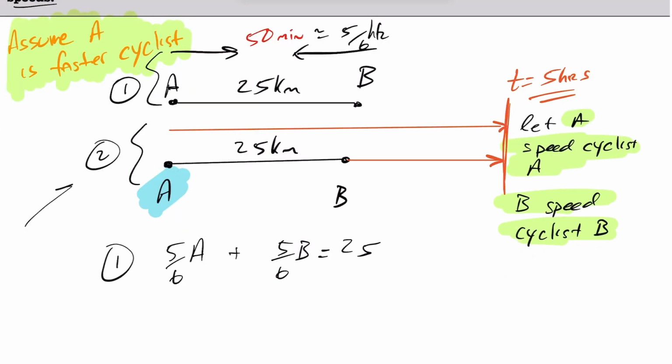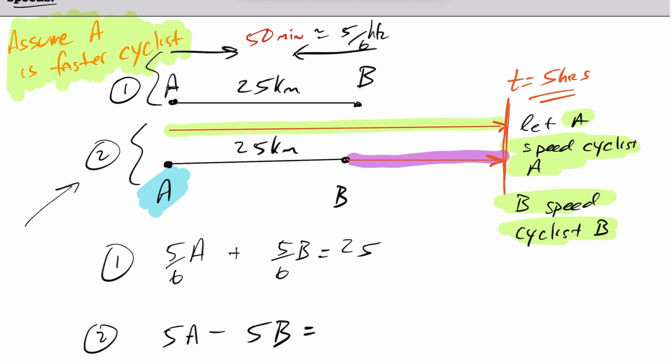Now take a look at situation number 2. I need to make an equation out of this. Well, I know that if I take the time traveled of A, that would be represented by 5A, the total distance that A travels. And if I subtract that from the distance that B travels, which would be 5B, I know that must equal 25 kilometers just the same.